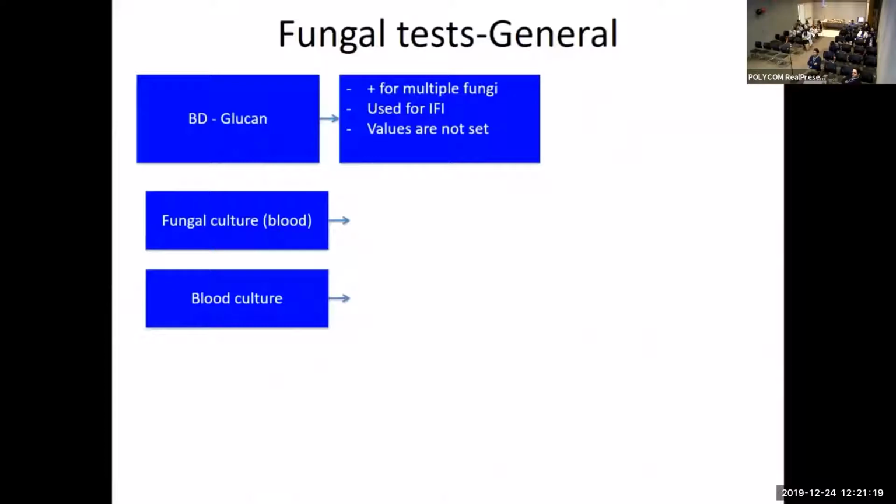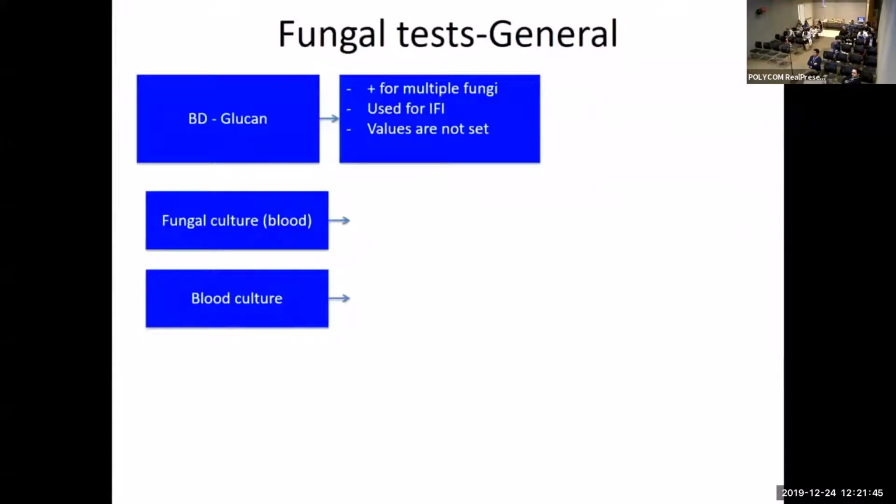So if you think that the patient has a Candida esophagitis, you don't need to send this test. The other issue with this test is that the brand says that the positive level is about 80, but actually we noticed that it has cross-reaction with multiple things, like, for example, some antibiotics. So actually, we don't have a specific value to say this is positive or this is negative.